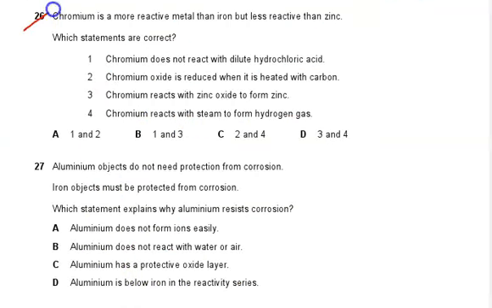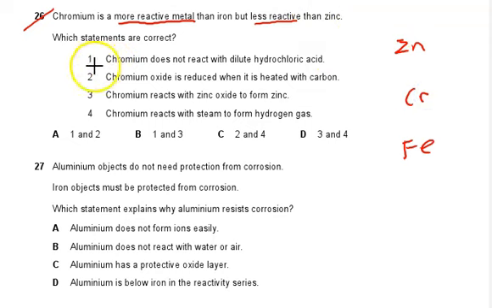Okay, 26. Chromium is a more reactive metal than iron but less reactive than zinc. Which statements are correct? Let us arrange the electrochemical series over here. Zinc is on top and iron is here, so chromium should be in between zinc and iron.